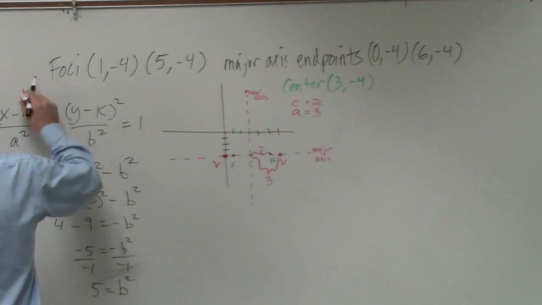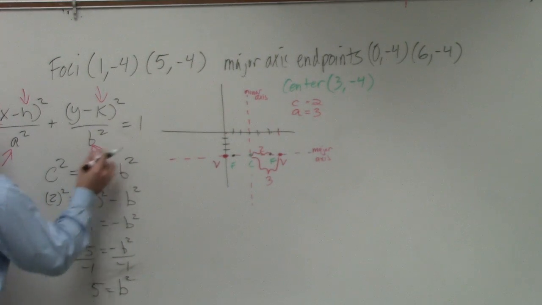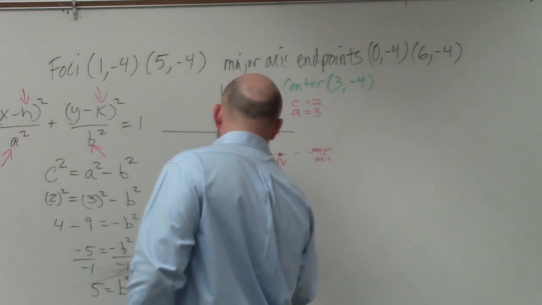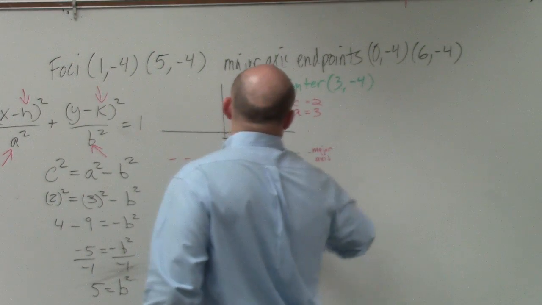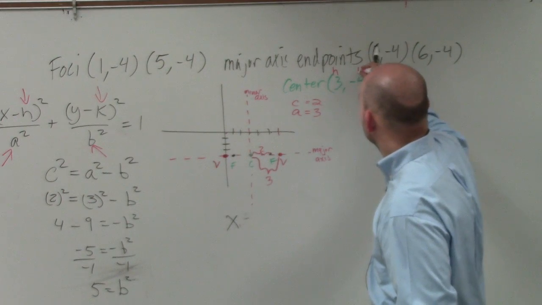Now, all I need to do to write my formula is find h, k, a, and b. So my final equation: you can see here is my h and my k.